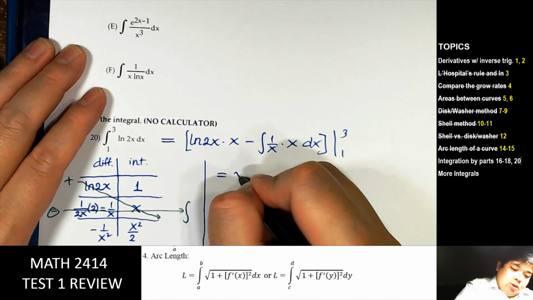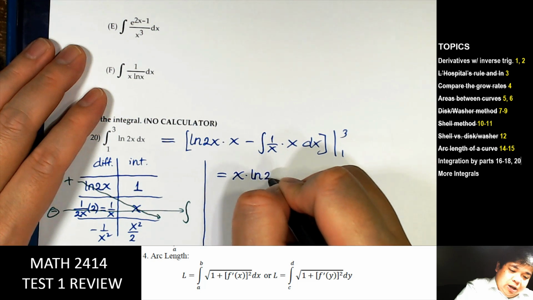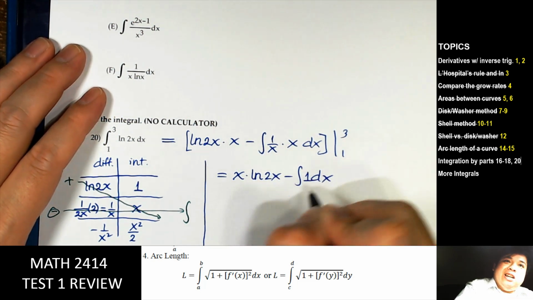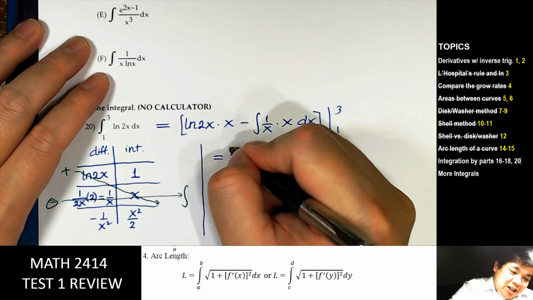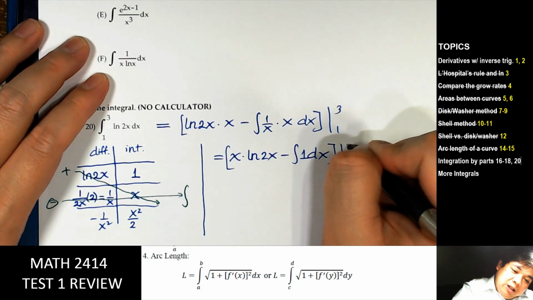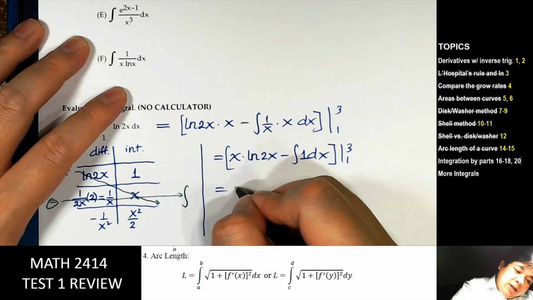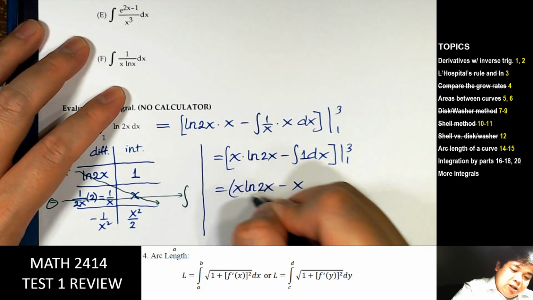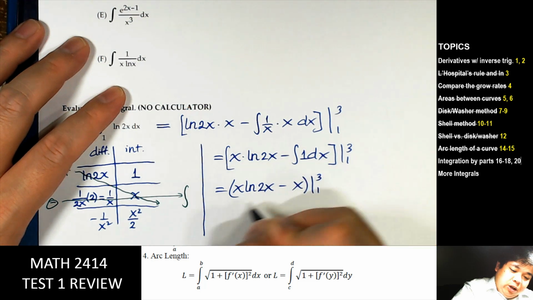Right. So the integral of ln of 2x, that is easy. Just have that. Go from 1 to 3. x ln of 2x minus x from 1 to 3.